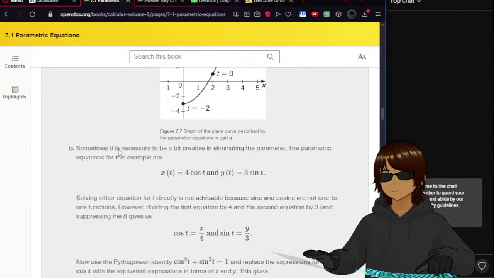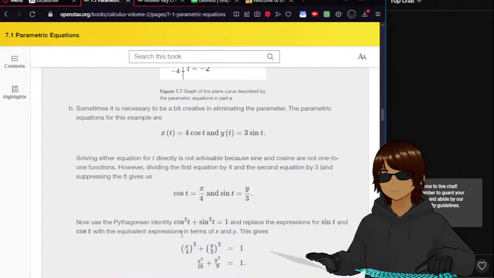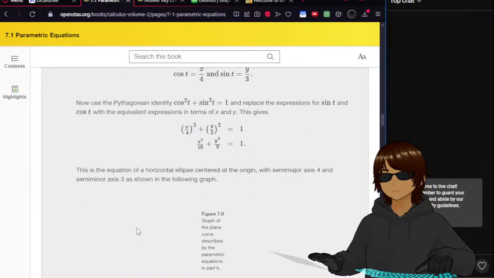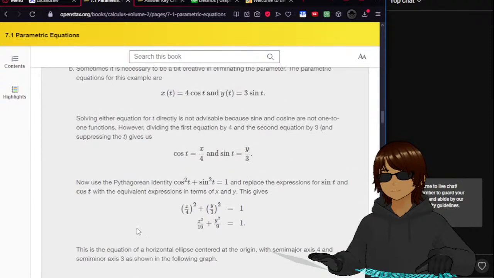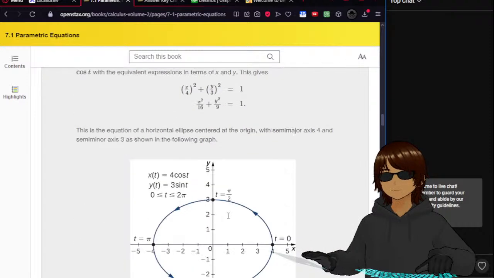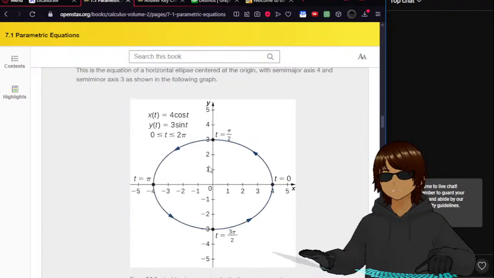We need a calculator for this. Cos square plus sine square is 1. They use this formula. And then they got this.